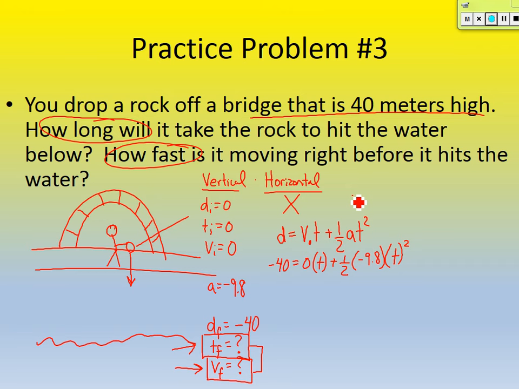Now let's simplify this equation as much as we can. We got a minus 40 is equal to 0 times t. Anything times 0 is 0, so I'm going to leave that off. Let's take 1/2 times negative 9.8, so 0.5 times negative 9.8.